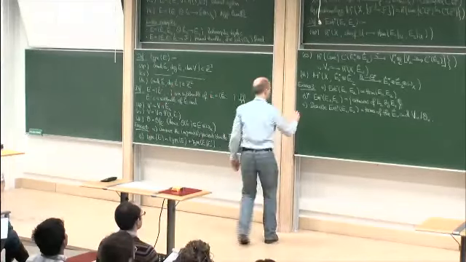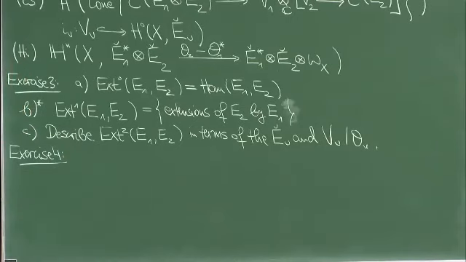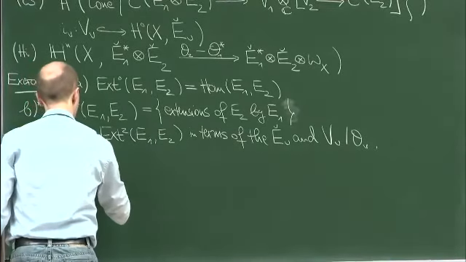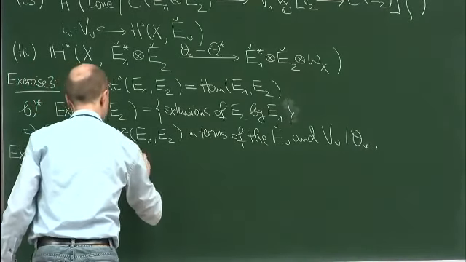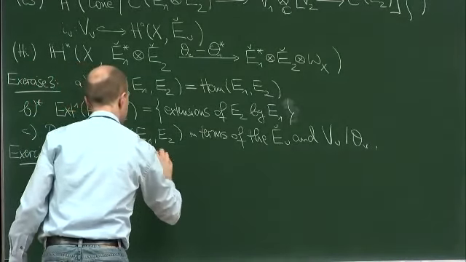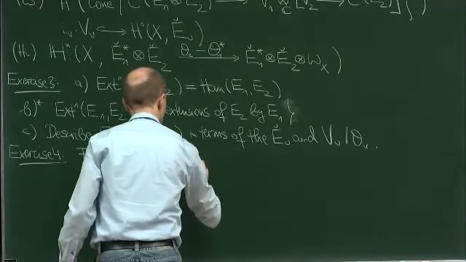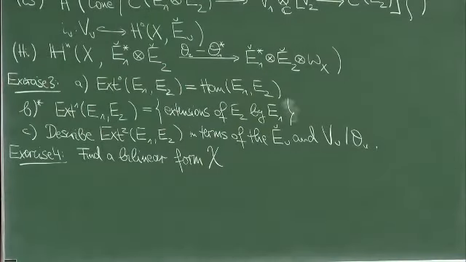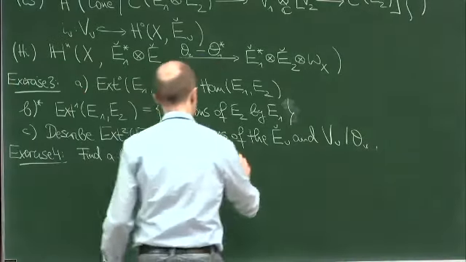And with that definition, it is not difficult to prove. So that's the next exercise. Find a bilinear form in the types which computes the augmented Euler characteristic in that sense.